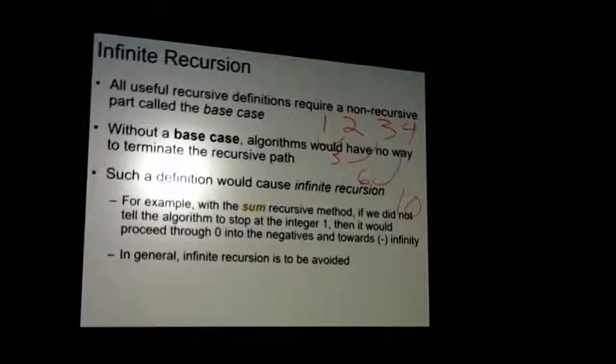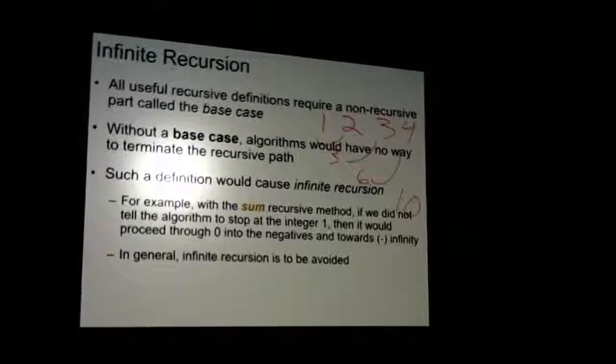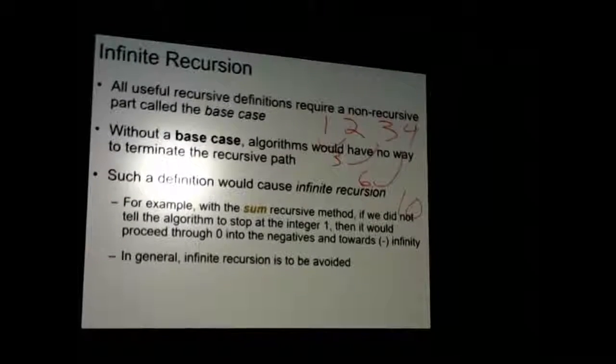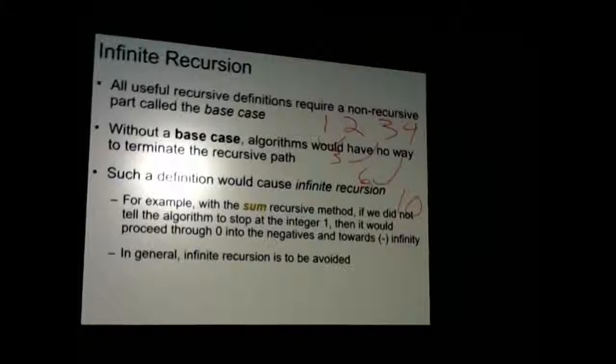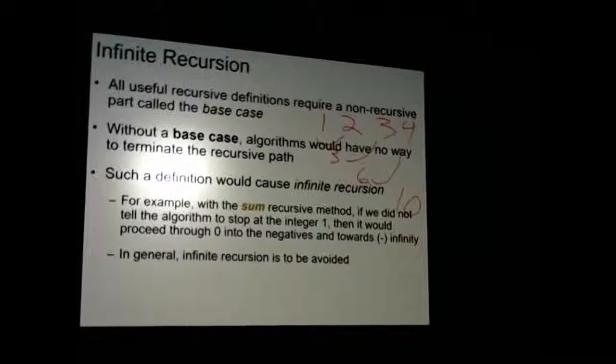If you said while x is less than 5, keep doing all this stuff, and then inside of your algorithm, you said x minus minus instead of x plus plus, it would just keep getting away from 5. It would never end. So the base case is the place where you tell the recursive calls to stop happening.